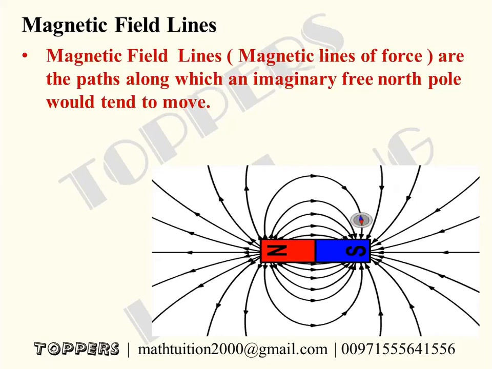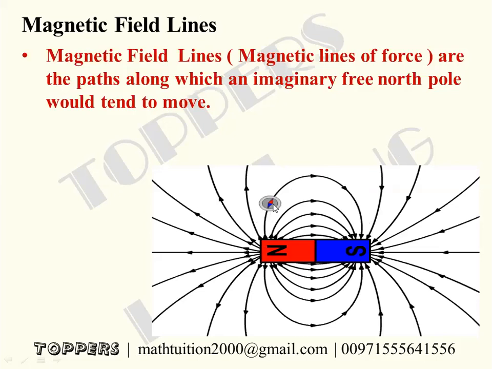See, in the animation I have an imaginary north pole. That red color is the north pole. When you place it in this magnetic field, it cannot move in any direction. It can move only through some specific curved lines.